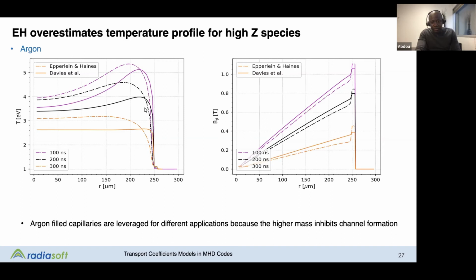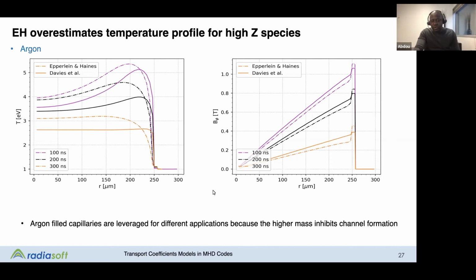It doesn't change. The peak still holds, so here you have about 1 eV. But when you look at the azimuthal magnetic field, you see the opposite, which is that it underestimates the magnetic field. The difference is not quite significant, but this is still at 300 eV and for argon.